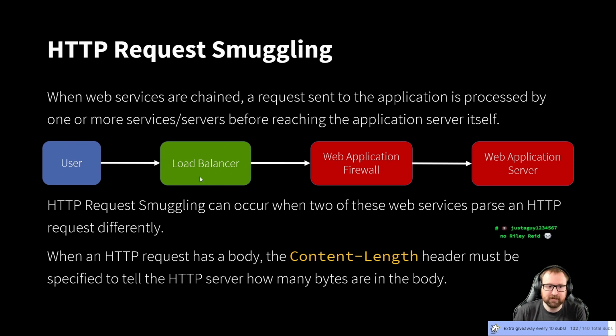Firstly, it hits the load balancer. The load balancer sends it to the web application firewall, and then the web application firewall sends it to the web application server. Okay, and then the responses come back. But crucially, the load balancer is being clever. When it receives a request, it doesn't just immediately send it to the web application firewall. That would be silly.